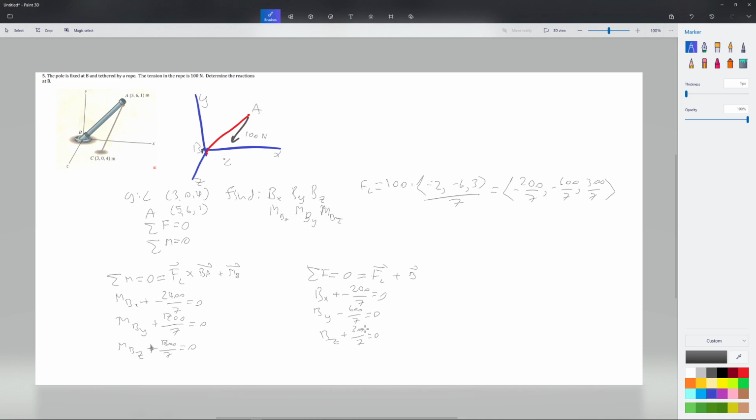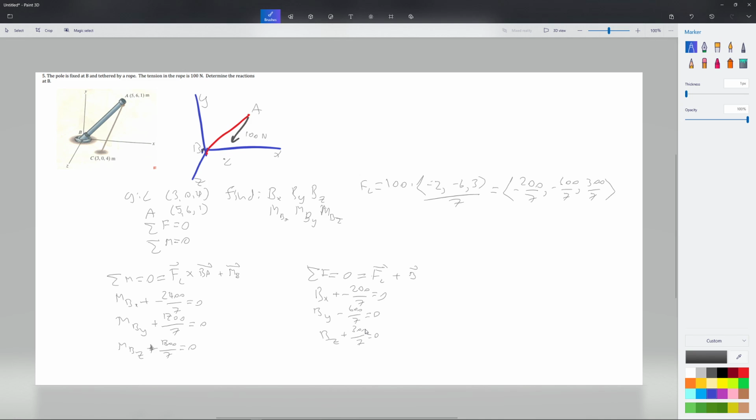The reason this is entirely possible is because each of these vectors is itself just one unknown, right? So there's 2 ways to think about this problem. You can break it into your x plane, y plane, and z plane. In each of those planes, there's 2 unknowns, which is the moment at B and the force at B. And you have your equations for sum of forces in that axis and the sum of moments in that axis.